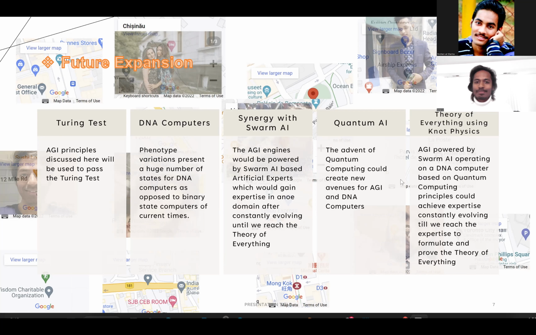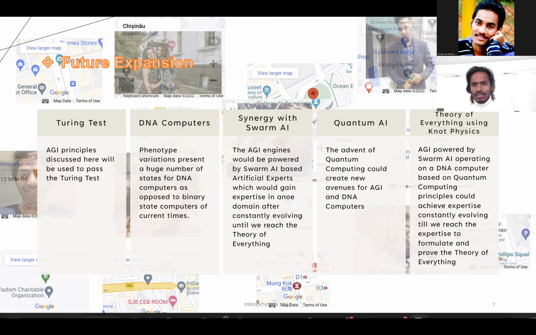Now, quantum AI. With the advent of quantum computing, we can create new avenues for AGI and DNA computers. That will be very exciting. Quantum computers are already there, and we have good progress in that. They are able to reach up to 1,000 qubits, if I'm not wrong.